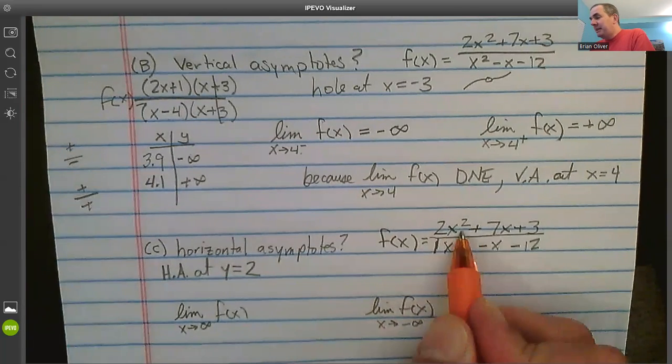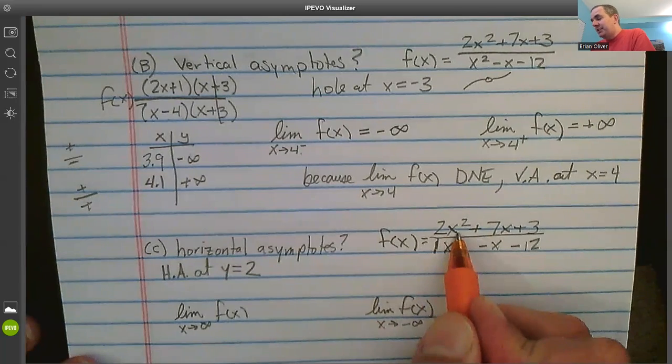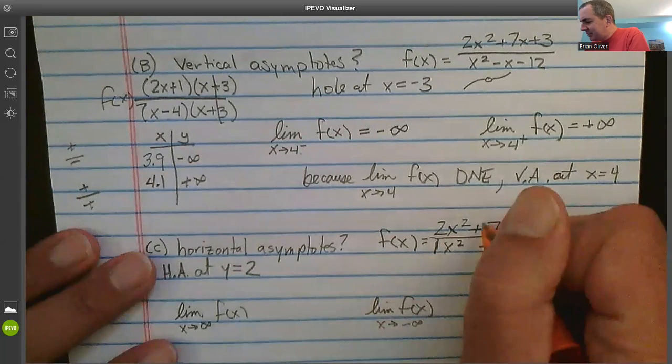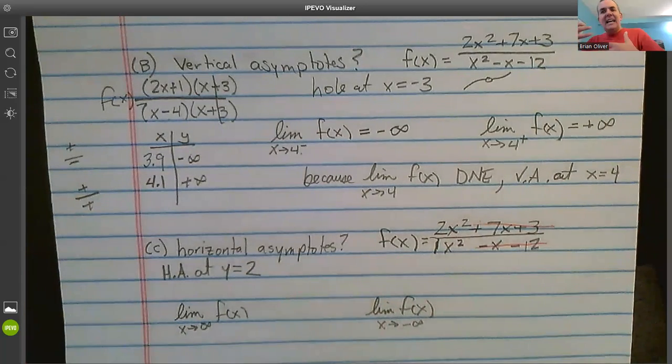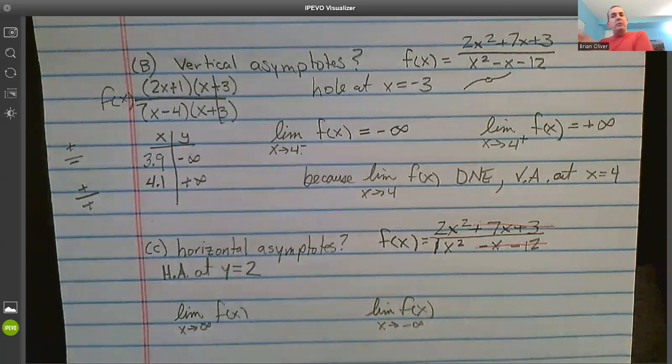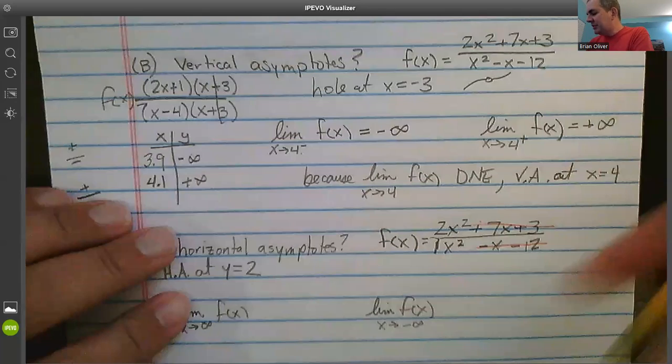Infinity big, but not as big as this squared version, and then 3. Really what I'm going to tell you is, these terms don't carry much value in the limit because they're getting larger at a smaller rate than the rest of the rational expression.